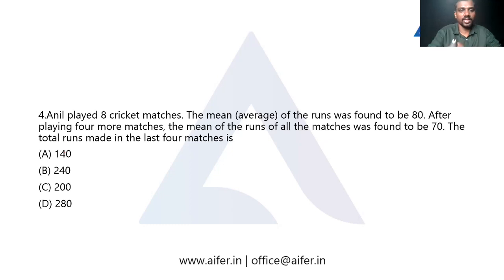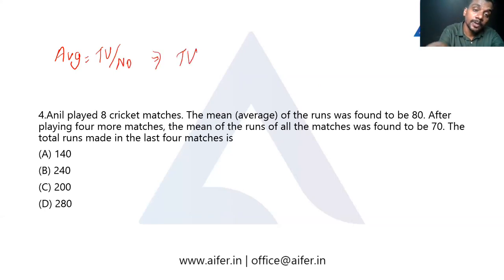We have the same equation for average: average is equal to total value by number of observations, from which we can say total value is equal to average into number of observations.